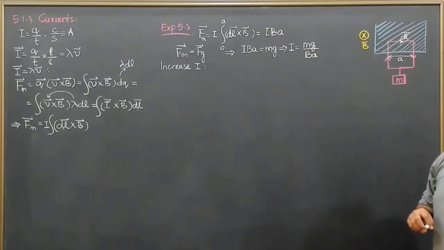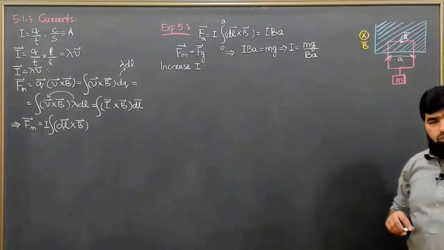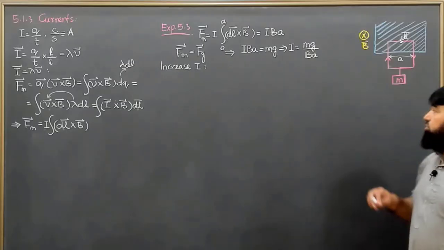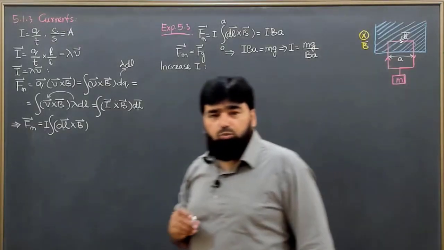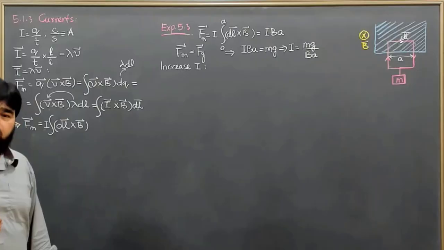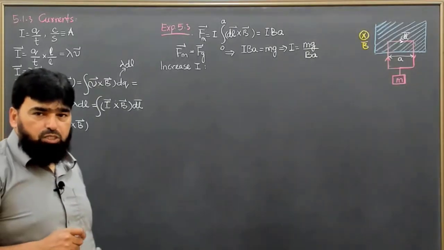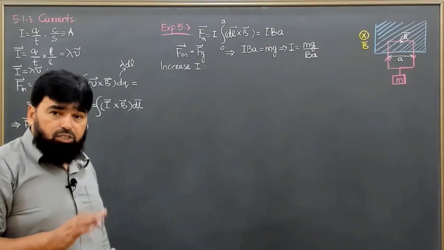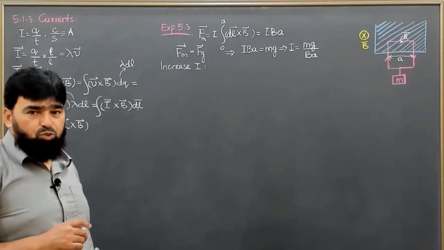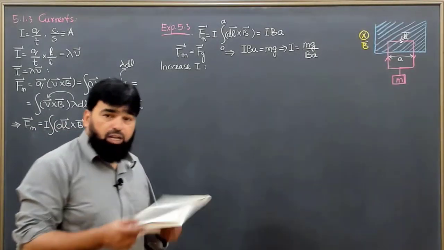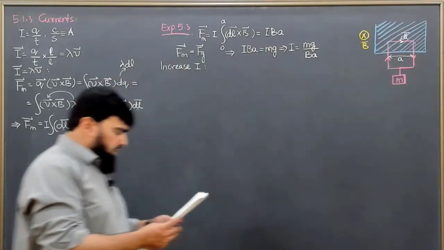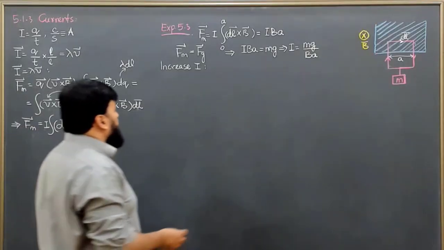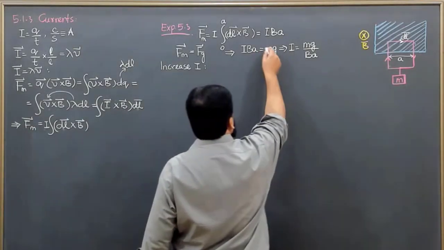And then a question arises: magnetic force does not work, and we see that this is being lifted up. Then who is doing the work? If it is not magnetic force, then what force is responsible for the work? Apparently, it seems the magnetic force is doing this work. So we are behind the agent who is lifting the loop up. Now, what will be the work done here when the force is this much?